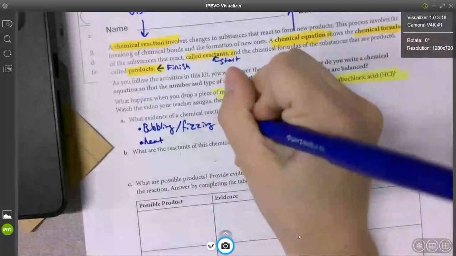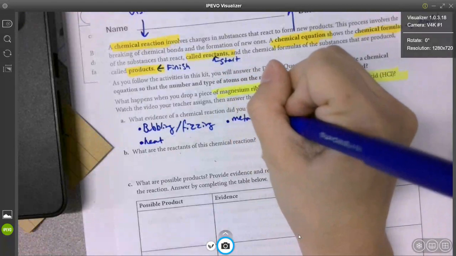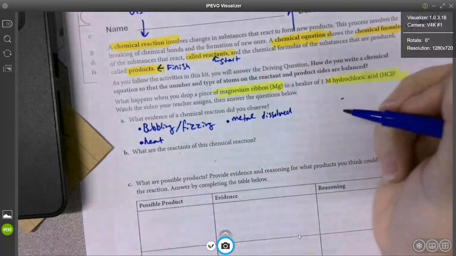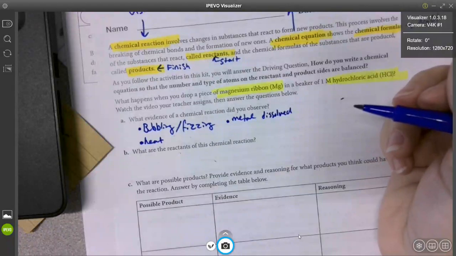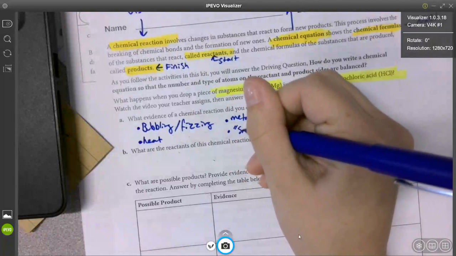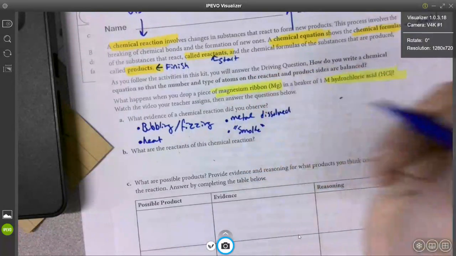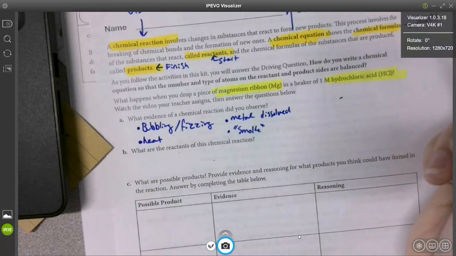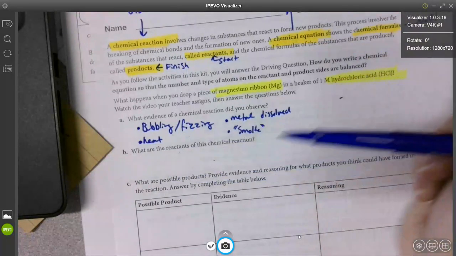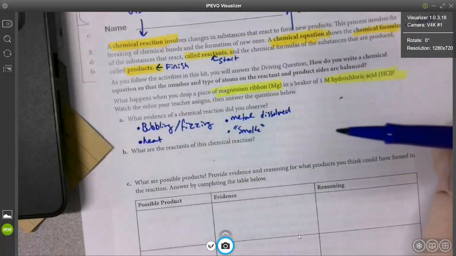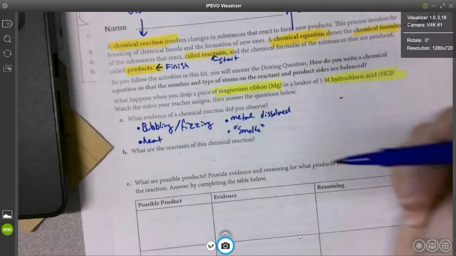We would see that the metal dissolved. And it wasn't very clear on the camera here, but there was a substance that looked kind of like smoke. And I guarantee you it's not exactly smoke, it just looks that way. So here's our 4 main things that happened that shows us that there was a chemical reaction.